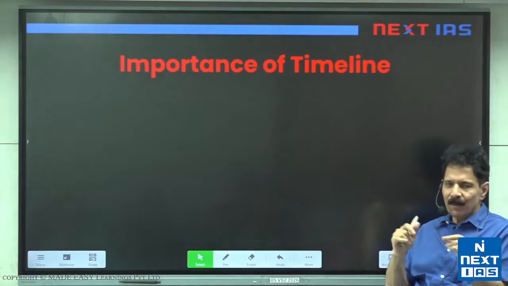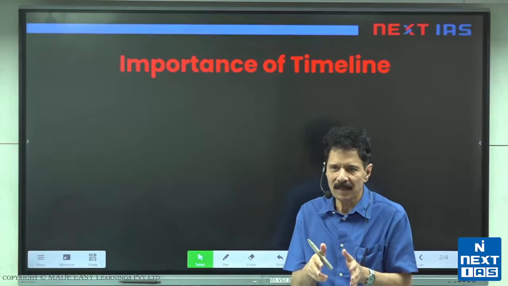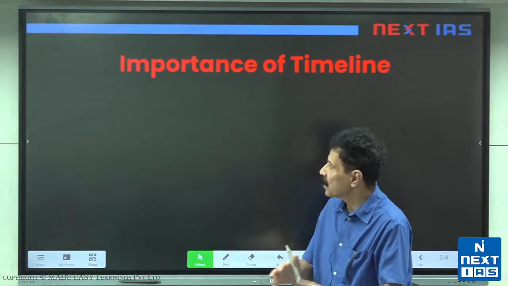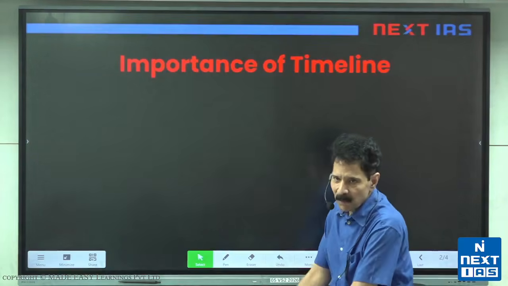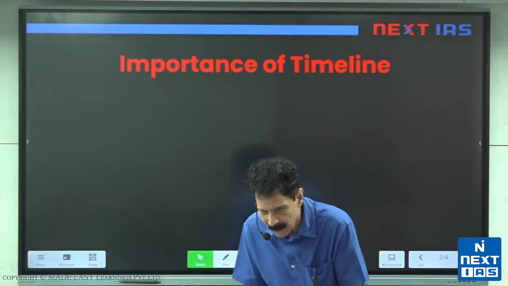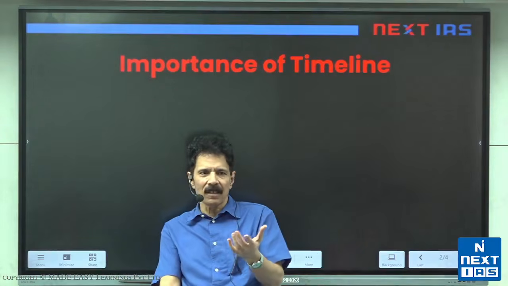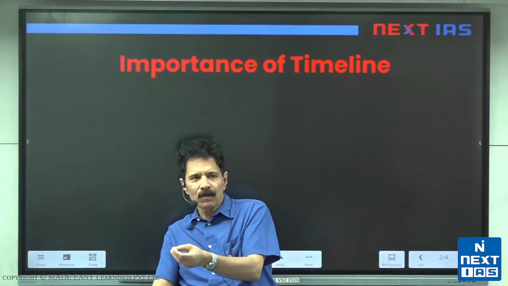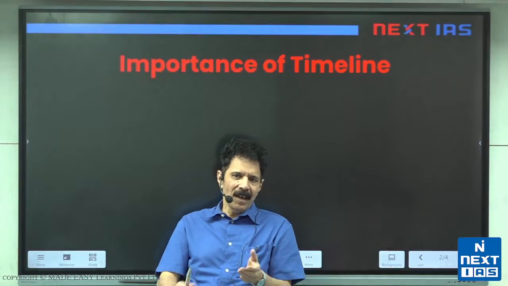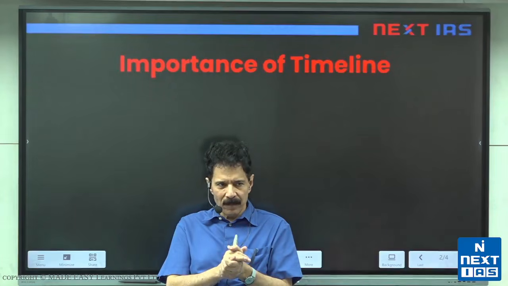So you can consider this the first lecture on the crucial aspects, and the first crucial aspect is the importance of timeline. If you have to define history, the best way to define it is that history is a record of past events, and it represents elements of change and continuity.